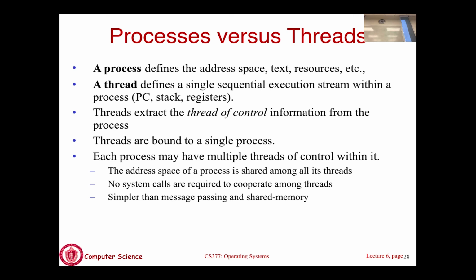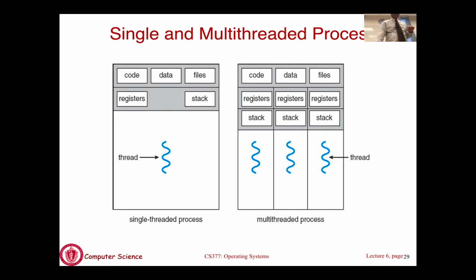The picture you want to keep in mind is this one. On your left is a traditional sequential process, with a single thread of control, one thing executing in that process at any given time: one stack, one heap, one set of registers, and so on. What is shown on the right is a concurrent process, which has multiple threads in it.